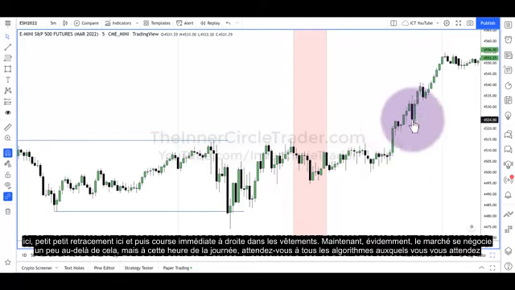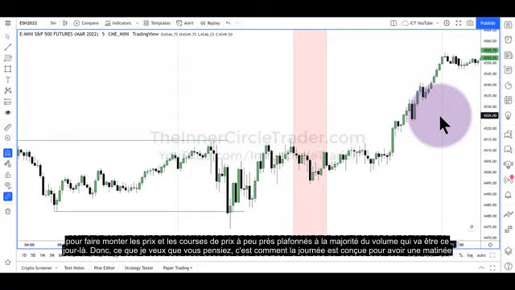Small little retracement here, small little retracement here, and then immediate run right into the close. Now, obviously, the market trades a little bit beyond that, but this time of day, expect whatever algorithms that you would expect to be driving price and price runs to pretty much cap the majority of the volume that's going to be in that day.